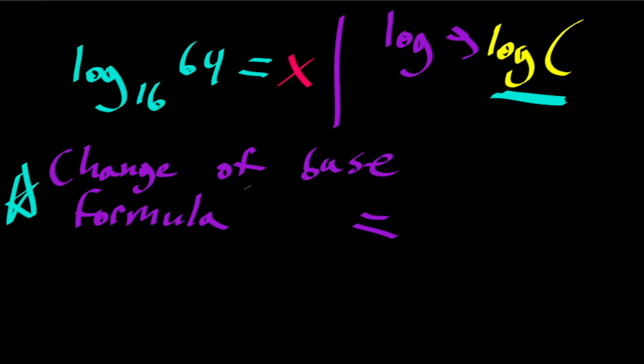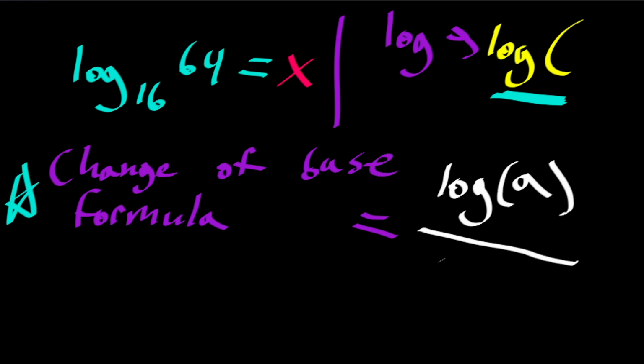So, change of base formula looks like this. We say log of A over log of B. All right, now, where did we get A and B? Well, the same place we got A and B from rewriting logarithmic to exponential form.